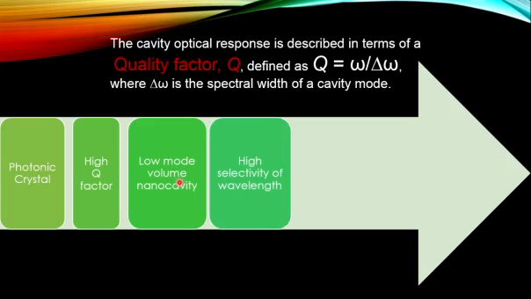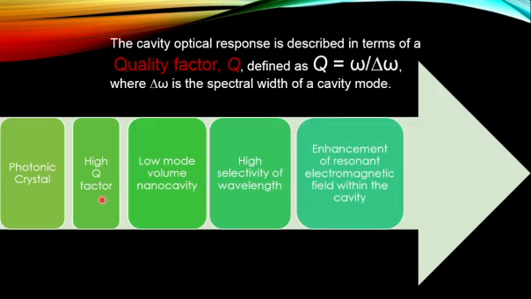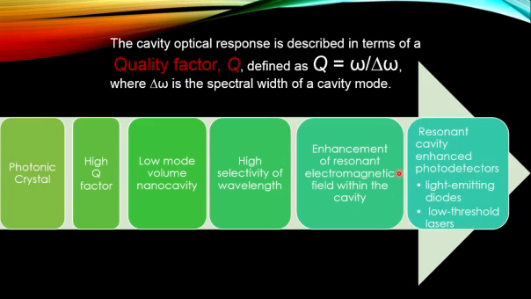And if the spread is less, then we can pinpoint a particular wavelength. If the spread of wavelength is less, there is a particular wavelength that is propagated through the band gap. So high selectivity of that particular wavelength is possible if you have a high quality factor. This enhancement of the electromagnetic field within the cavity can be applied in devising light emitting diodes or low threshold lasers. That is one application of having a microcavity.